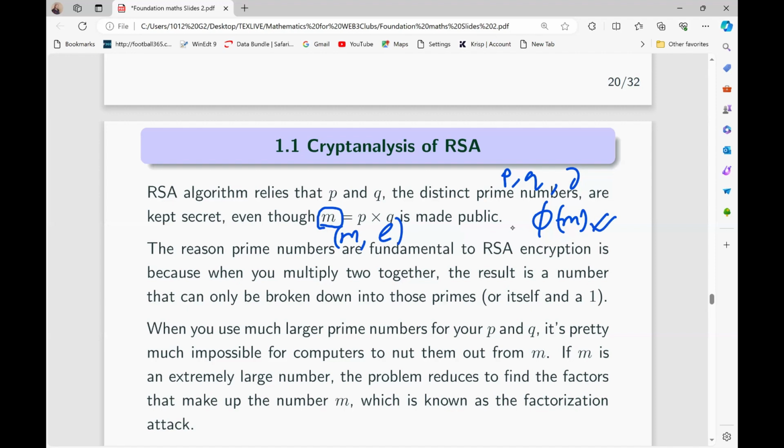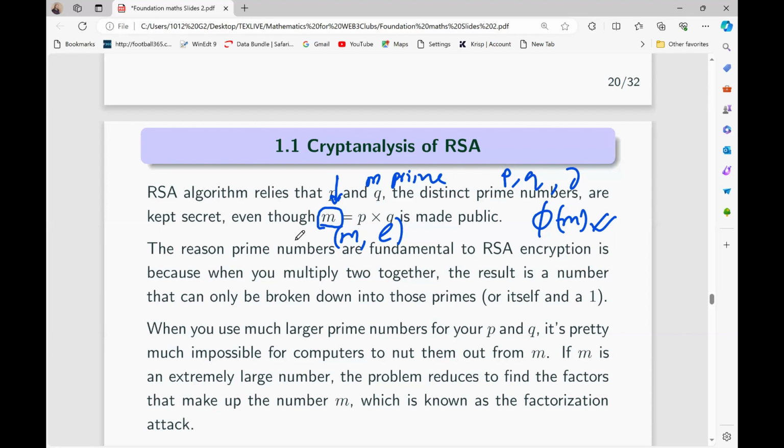Now, for you to attack RSA, you must be able to factorize, to write M as a product of its prime factors. And you see, there are only two prime factors here, and we've chosen them large enough. What you discover is, if it's a very large number, it's not easy for this person to factorize it. And so that is why we choose them very large.